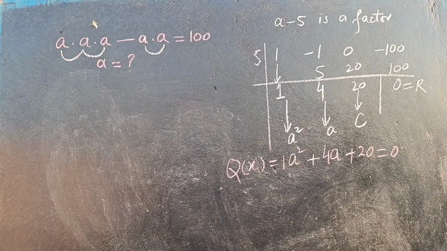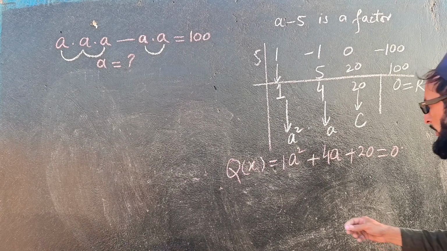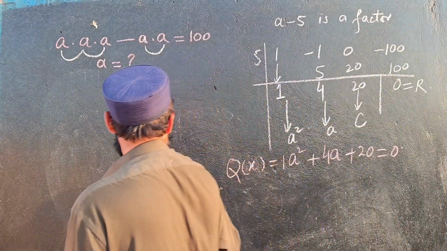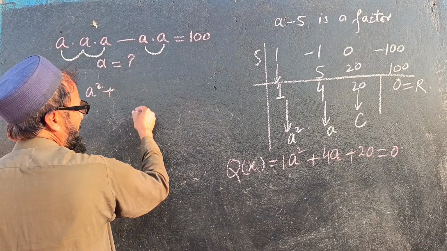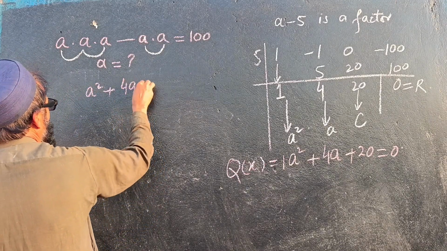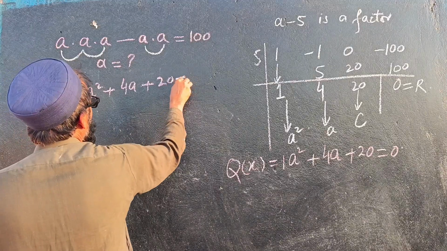Now we are finding the roots, so we can compare with the quadratic equation: a square plus 4a plus 20 is equal to 0.